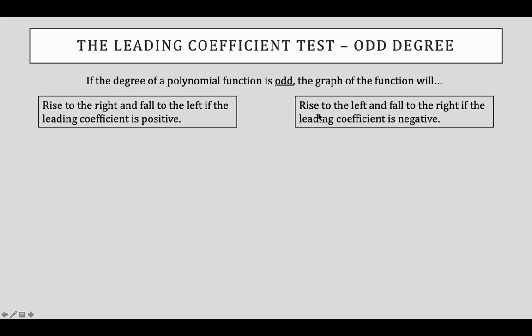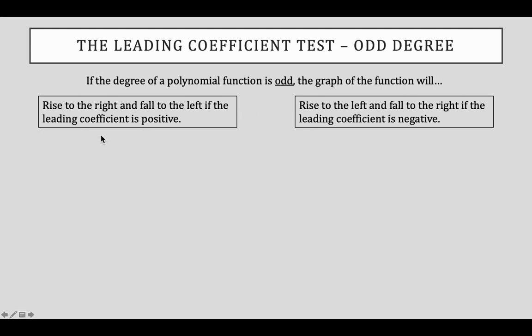Or the function will rise to the left and fall to the right if the leading coefficient is negative. Keep in mind that both of these cases are for an odd degree polynomial. The degree of the polynomial is an odd number.